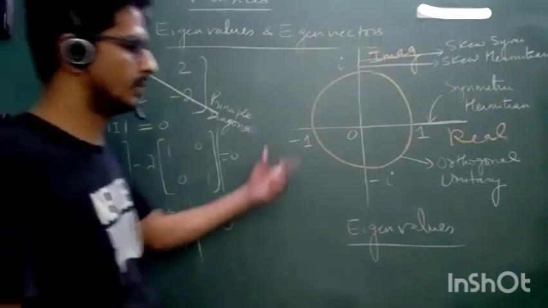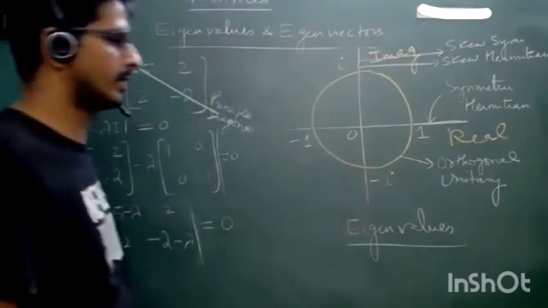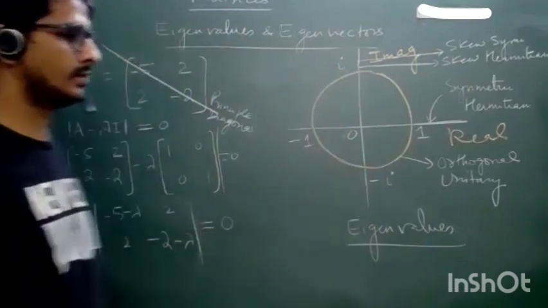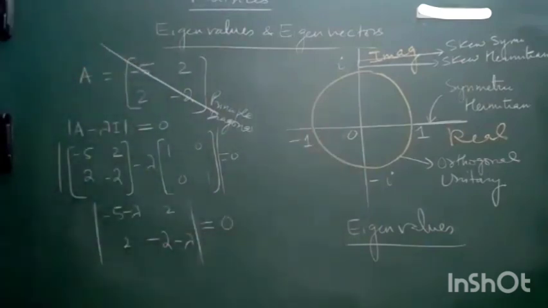So this is how all of the eigenvalue properties can be shown on a simple argand plane, explaining everything.